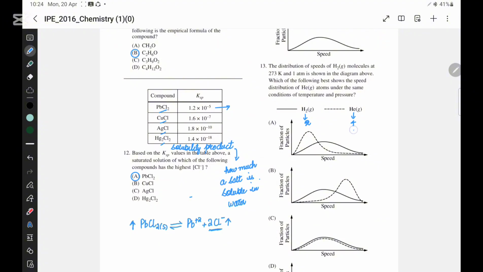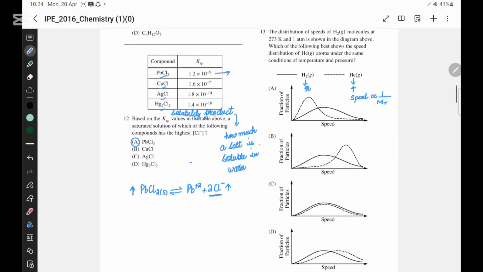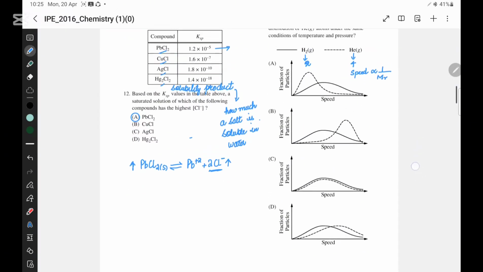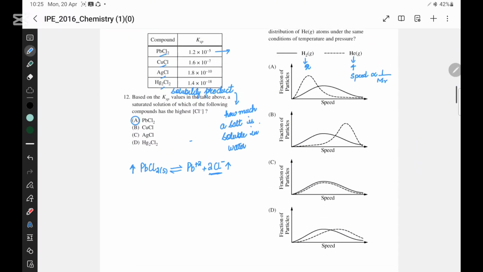So we know the speed of something is inversely proportional to the Mr. So helium, having the greatest Mr, would have the lowest speed. So this straight line represents the speed of hydrogen. So the right answer is going to be option A. Why A?